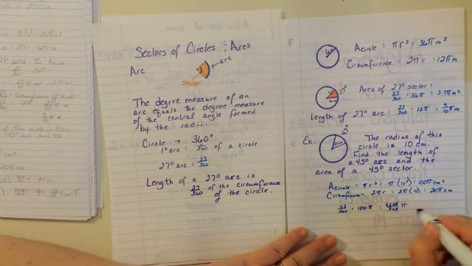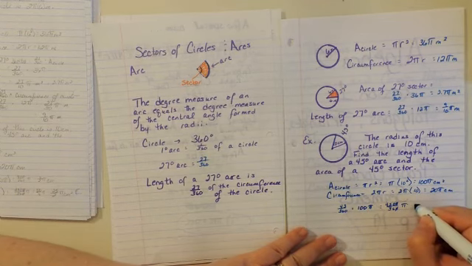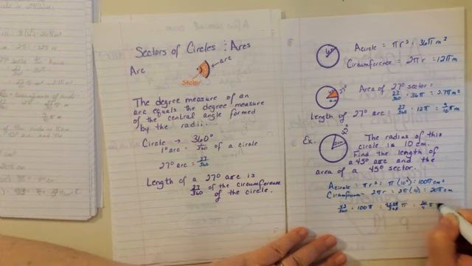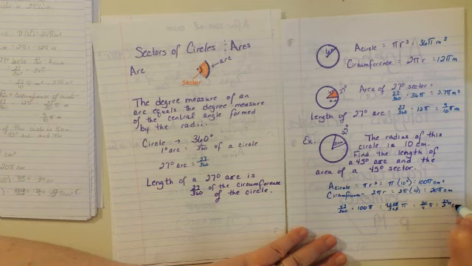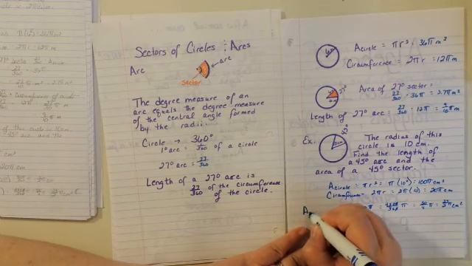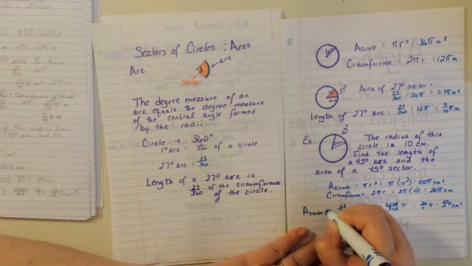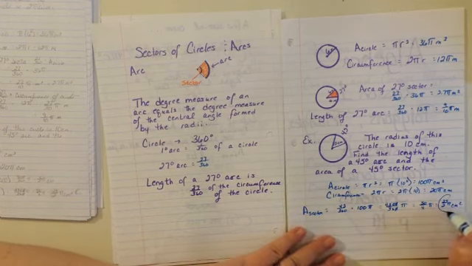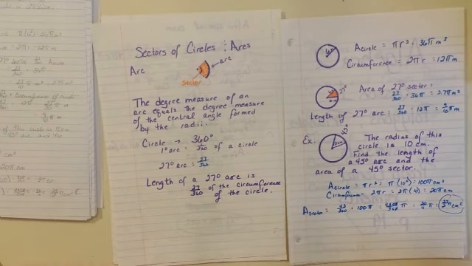There's a pi on the end. We can divide both of those by 9 and get 50 over 4 pi, which equals 25 over 2 pi centimeters squared. So this is the area of the sector. Okay? 25 halves pi.